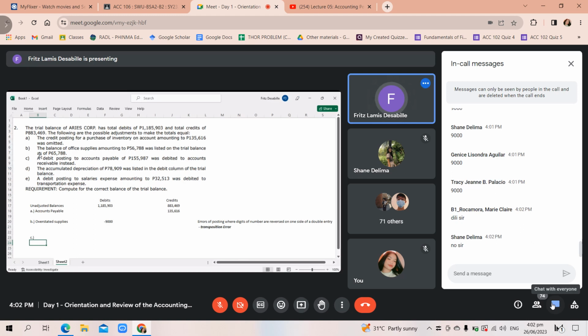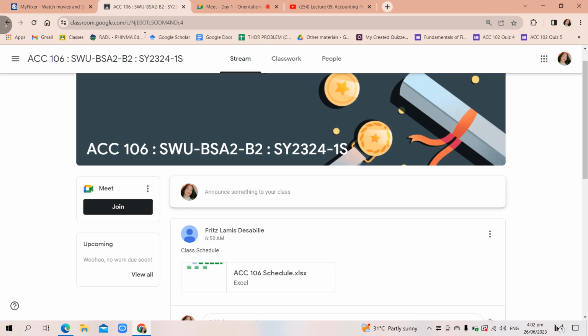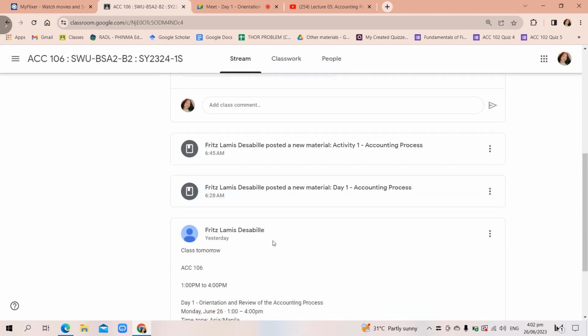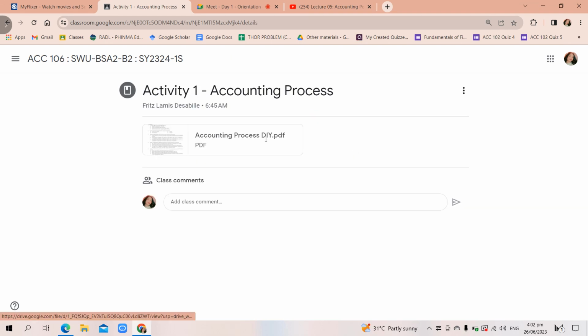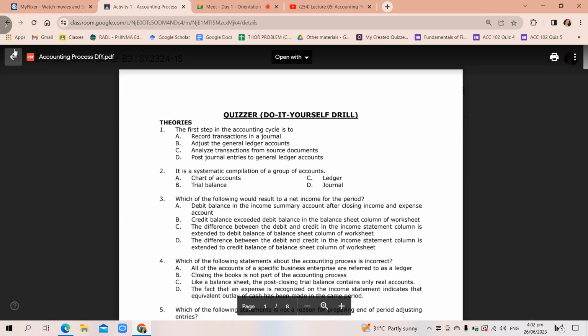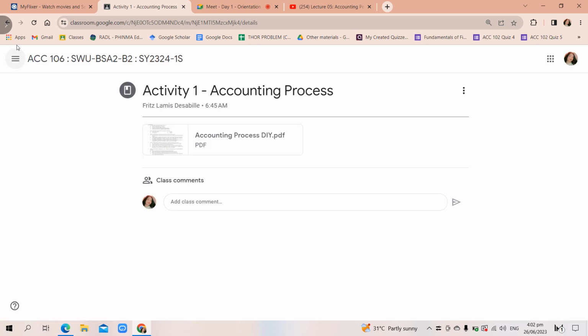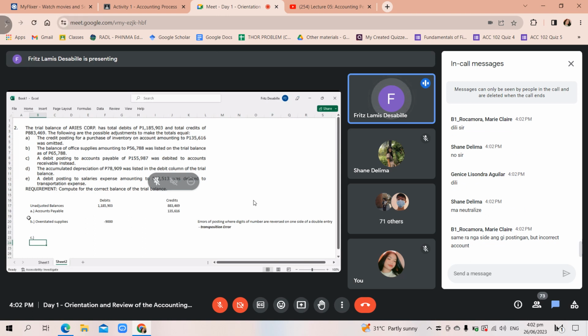Dili siya ma-detect. Because even though sayop atong posting, atong debit o ang credit resulting from letter C transaction would still be equal. However, correct, ma-neutralize lang. However, since na-detect na to siya, no, we have to correct it.